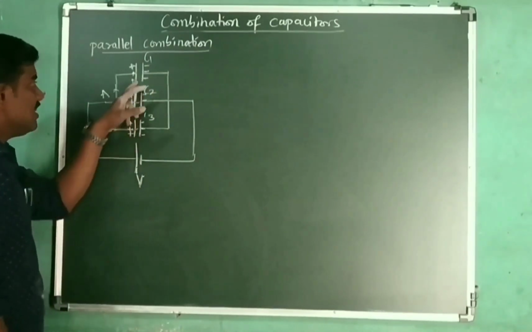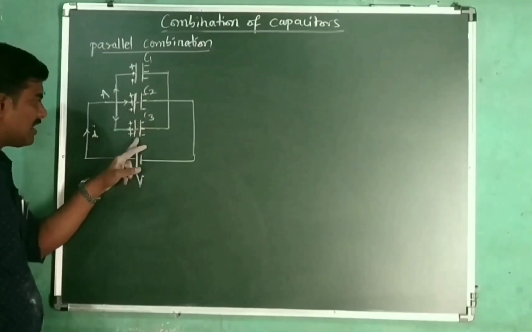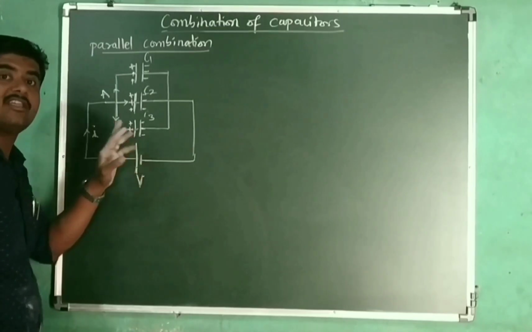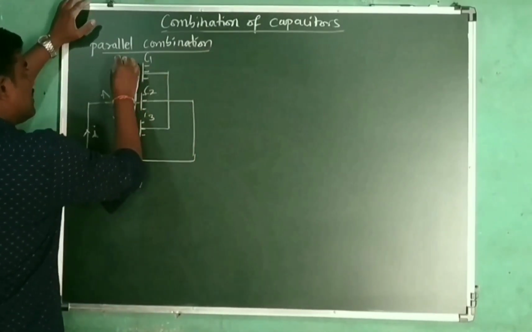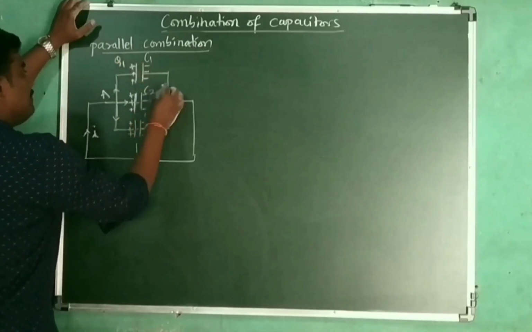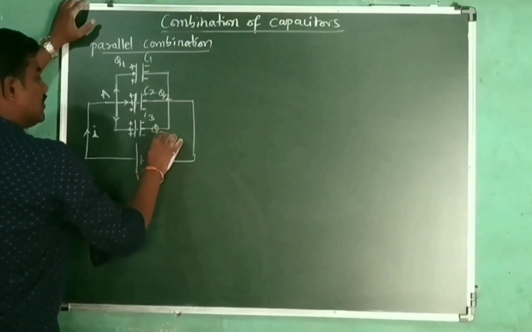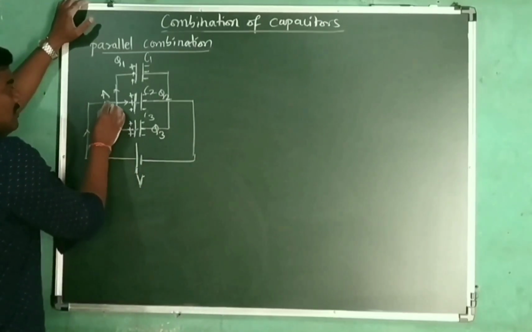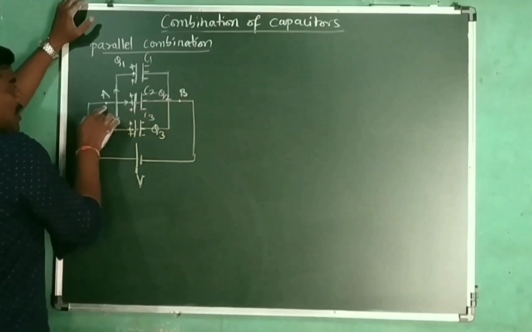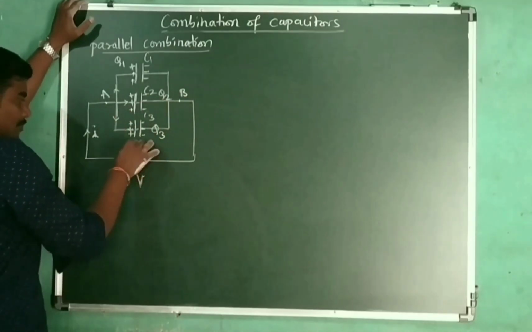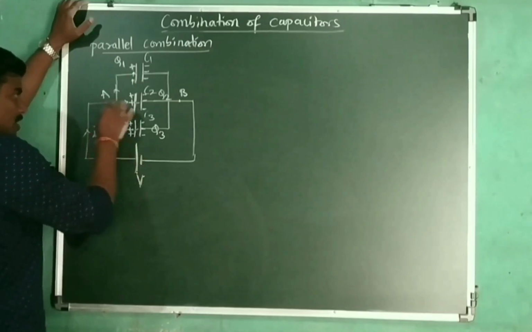So this way the number of charges at this capacitor and at this capacitor are different. It depends on the capacity of the capacitor. Therefore it is Q1, at this point it is Q2, and at this point it is Q3. But remember, the potential at A and the potential of the battery must be the same.